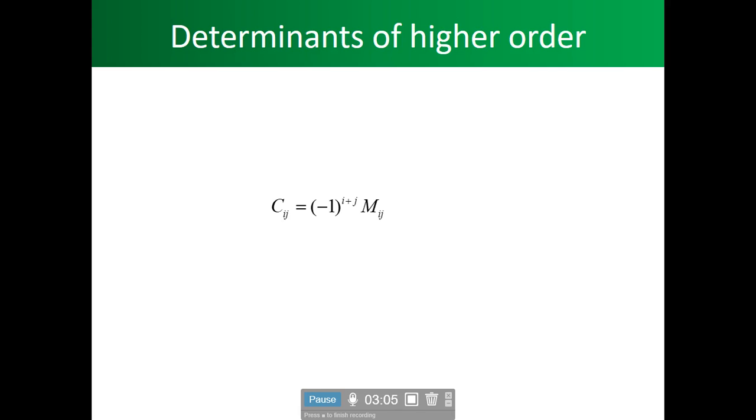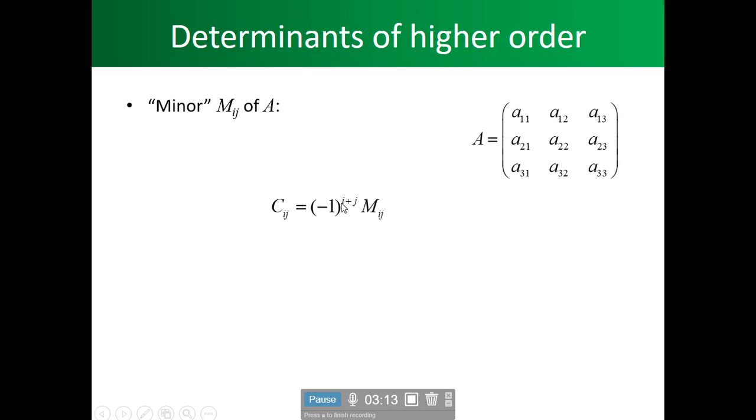Okay, when we're talking here about determinants, we're talking about a minor, which is this here. As you can see here, we have our A, and this particular matrix is a square, and it has 3 rows and 3 columns.